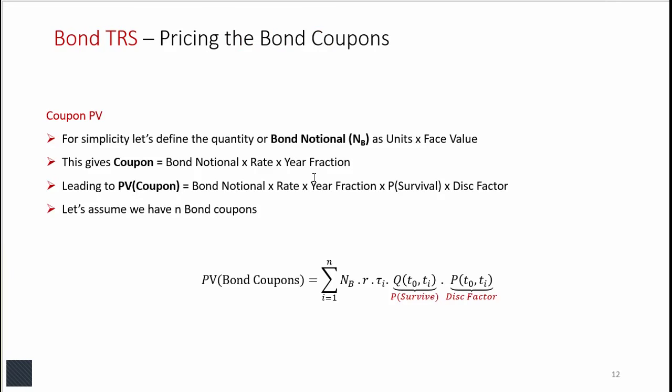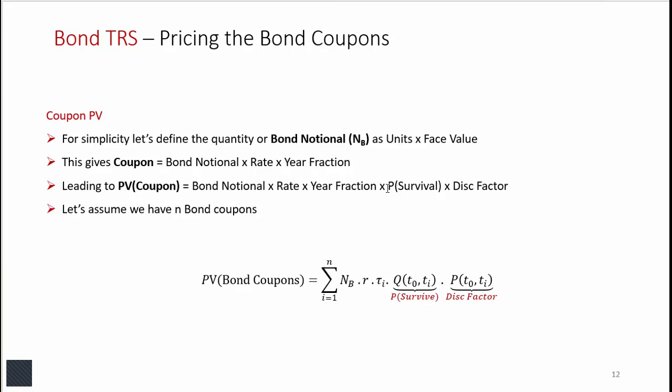So here you can see we're looking at the bond notional. That's the units times face value, and this gives a coupon of bond notional times rate times year fraction. Then in terms of the PV, we take the coupon, which is bond notional times the rate times the year fraction, where this is the coupon rate of the underlying bond.